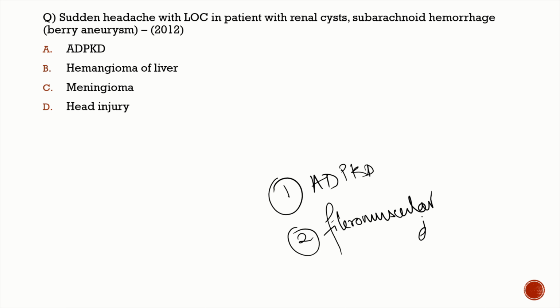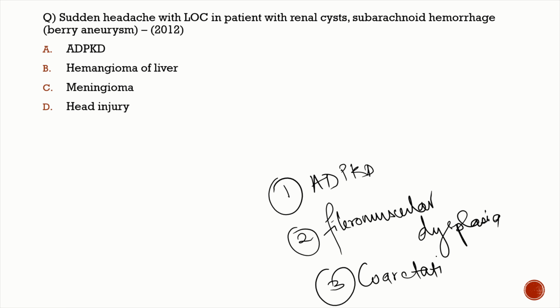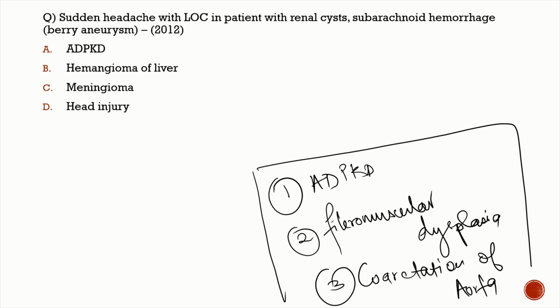Then it is also seen in coarctation of aorta. There are many associations, but you have to remember these three, they are commonly asked questions. So here we have ADPKD, which is associated with berry aneurysms, which can eventually lead on to subarachnoid hemorrhage.